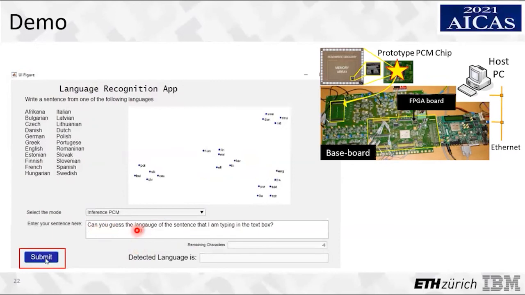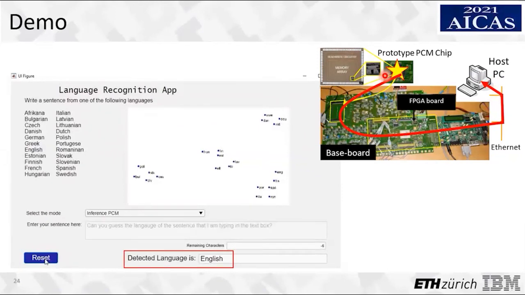Once a query sentence is written with adequate length, the application allows submitting it for processing on the PCM chip. So once you click the submit button, the query is uploaded to the chip as seen in this graph.